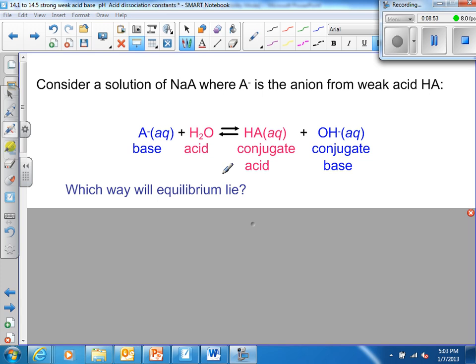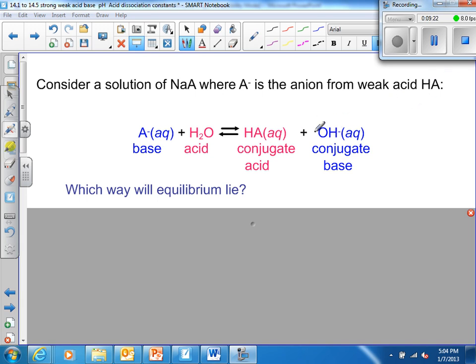So you have to think about who's stronger, who's weaker. So if we have water versus HA, you want to think who's the stronger acid. The stronger acid causes the reaction to go in the opposite direction. Also, you could think of looking at the bases. We have A minus versus OH minus. If we have weak acids, their conjugates are weak bases.